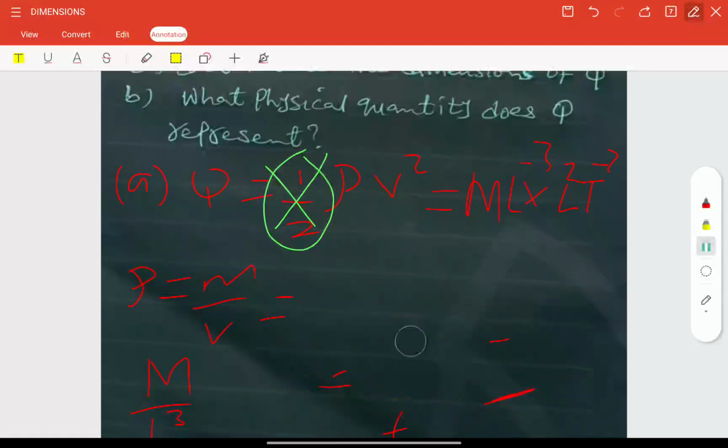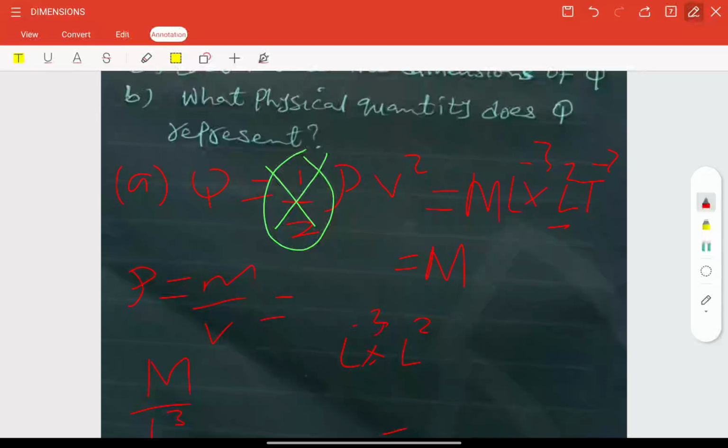The next thing we're going to do is just to solve this. Here I have M L raised to power minus 3, then L raised to power 2.